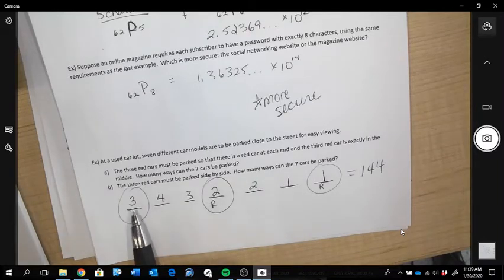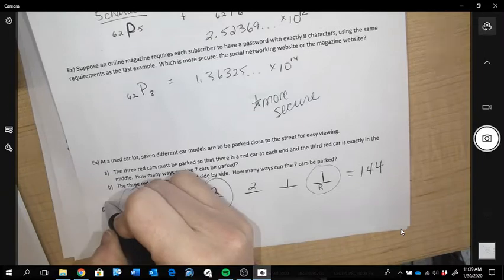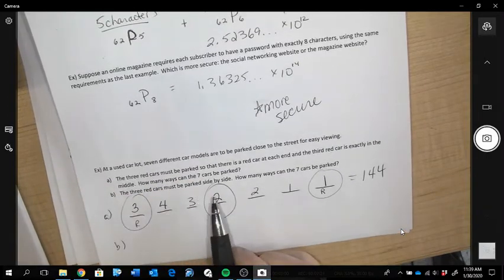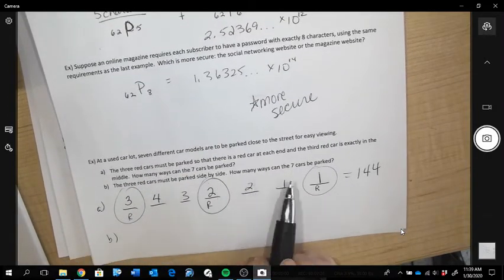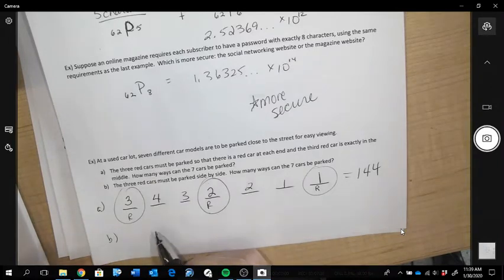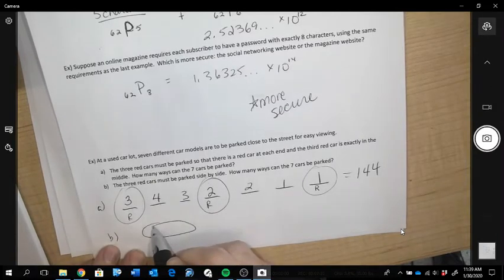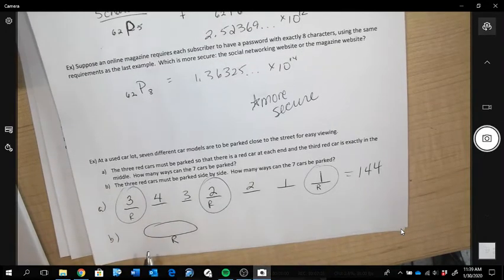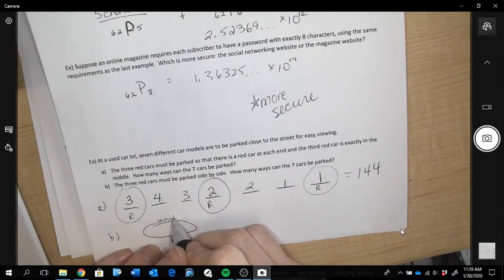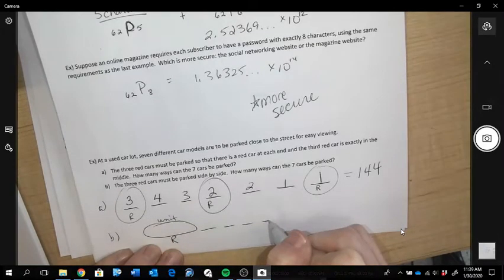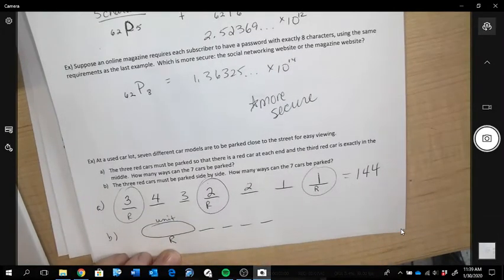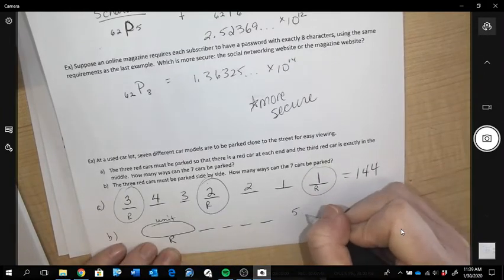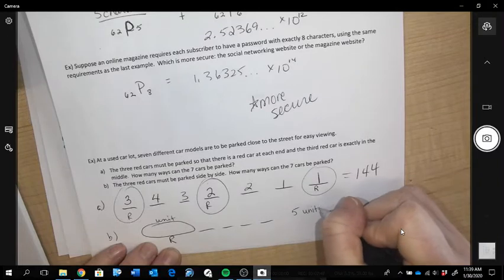So now B says the 3 red cars must be parked side by side. How many ways can they be parked? Okay, so if we're thinking about those red cars, they must be tied together as a unit. So they're a unit, which means we have 4 other cars. So altogether we have 5 units, we'll call them.